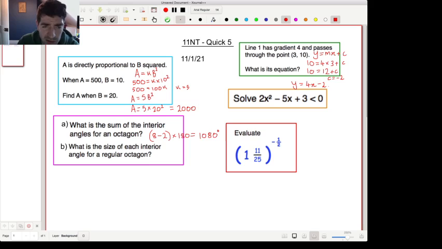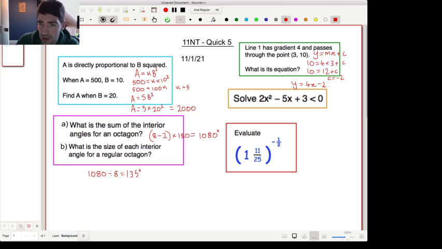So what's the size of each interior angle for a regular octagon? Well, if it's regular, it means each of the angles is the same size, so we can do 1080 divided by 8. And we're going to get our answer. So 1000 divided by 8 is 125, 80 divided by 8 is 10, so it's 135 degrees.